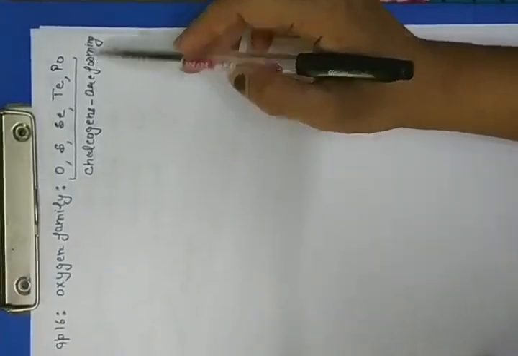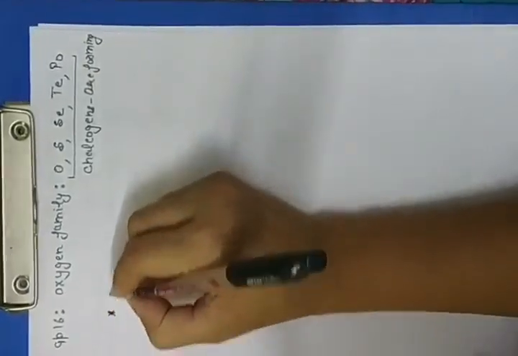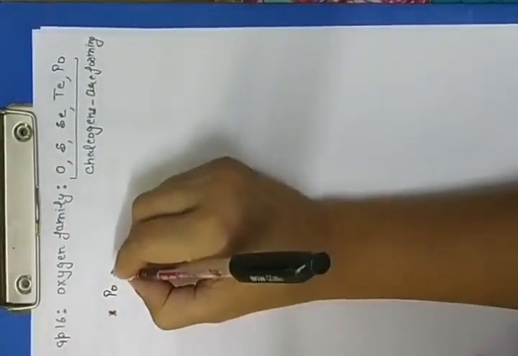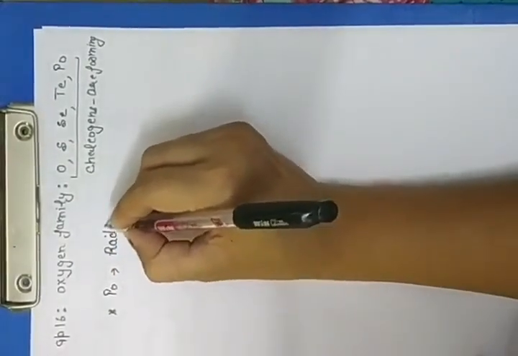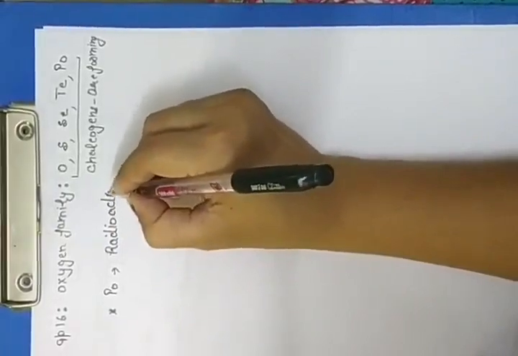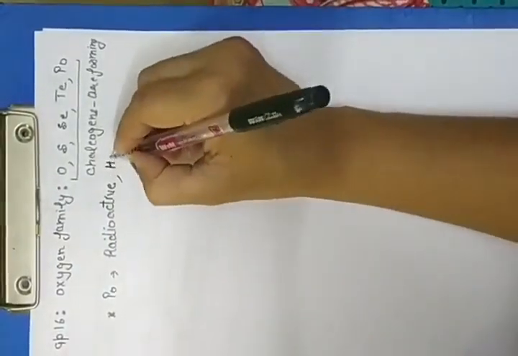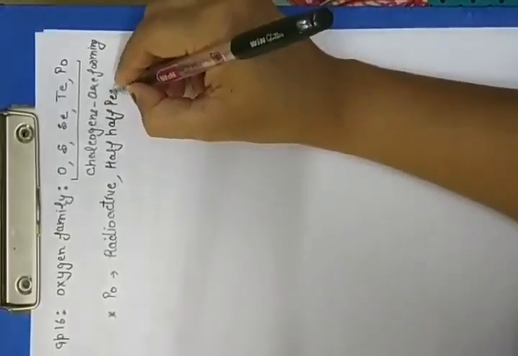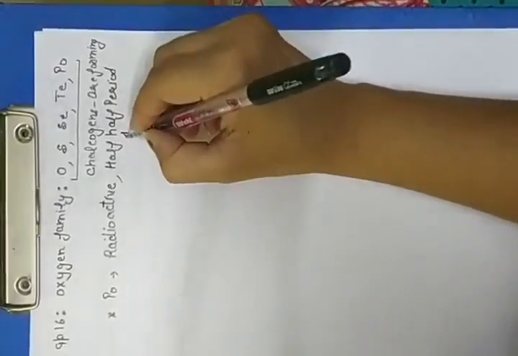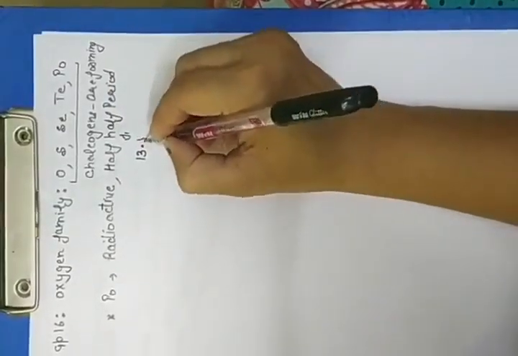Now, some points about polonium. It is a radioactive element with a half-life of 13.8 days.